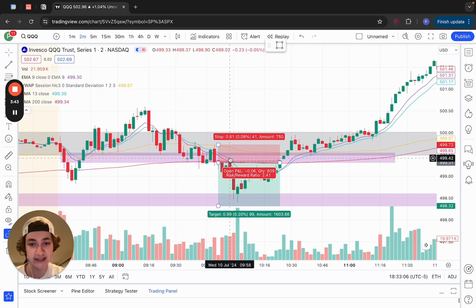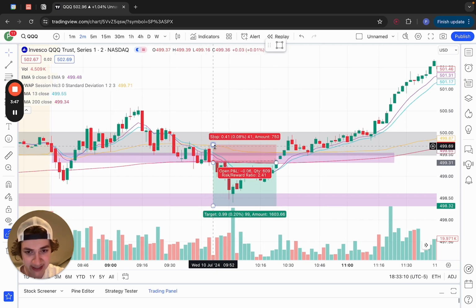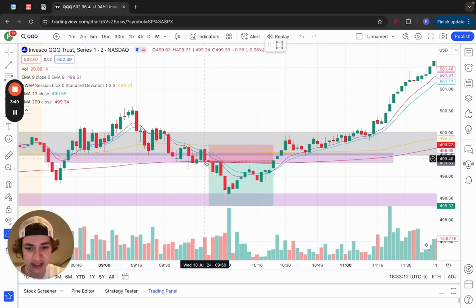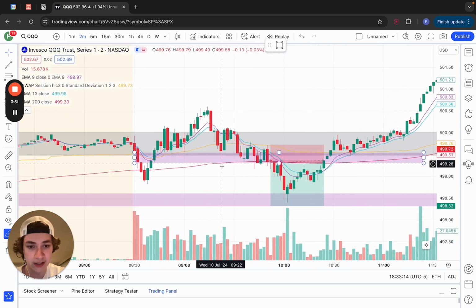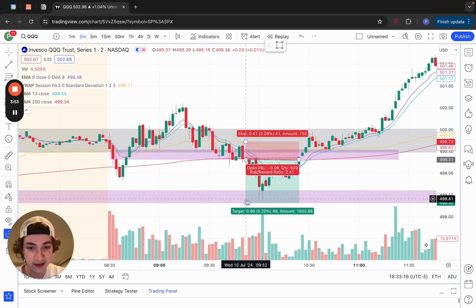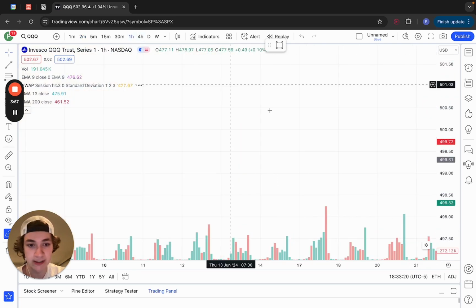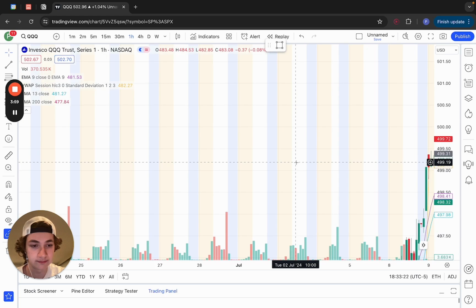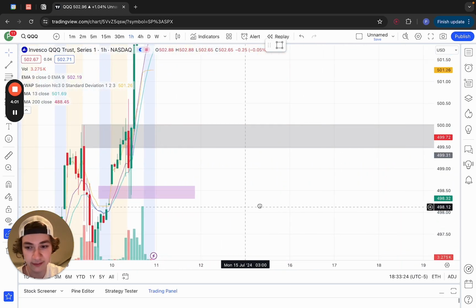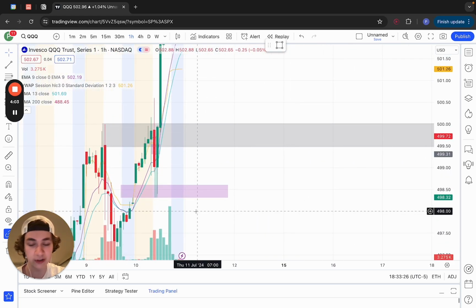So I set my stop loss a little bit above VWAP in this nice candle rejection that we had right there. And then I set my price target for the bottom of this imbalance, which we got earlier from that really big gap on the hourly.